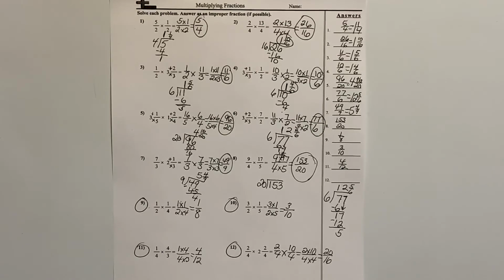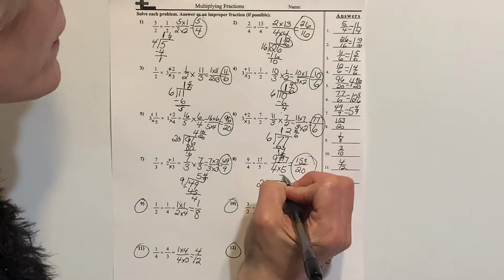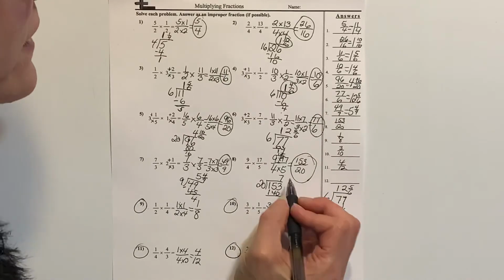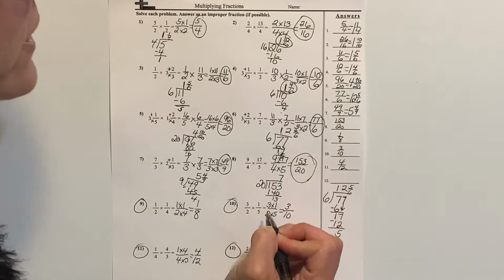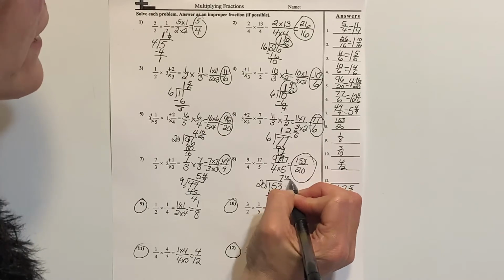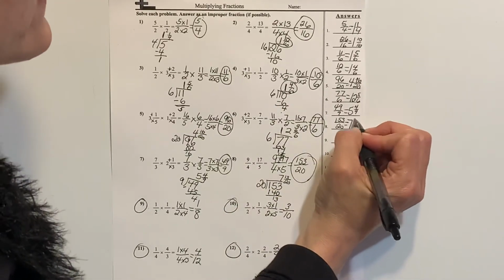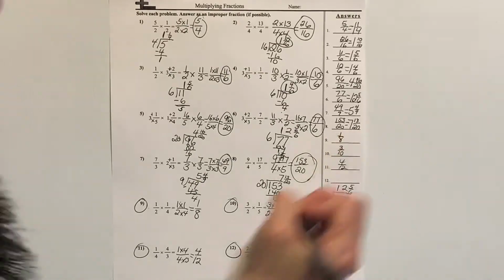Okay, I can't do 8. 160 is too much. So I got to backtrack to 7 20s, which would be 140. 153 minus 140 is 13. So I've got 7 13 20ths. So this would be 7 13 20ths.